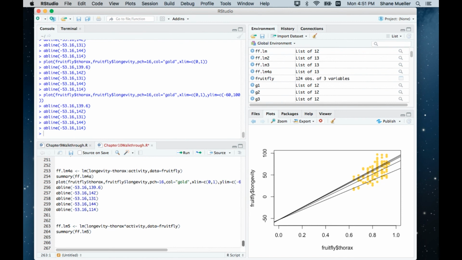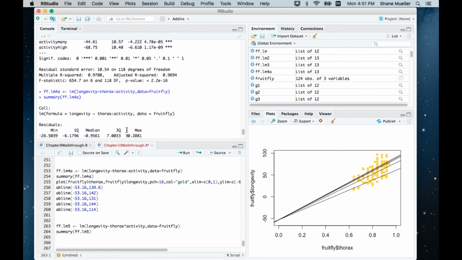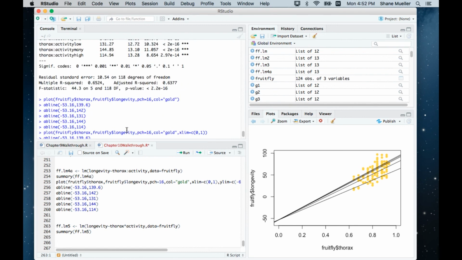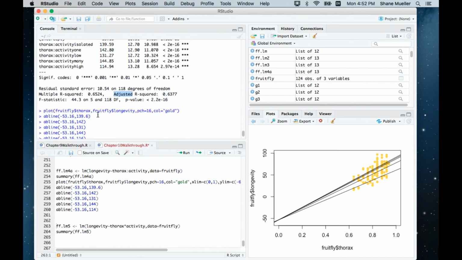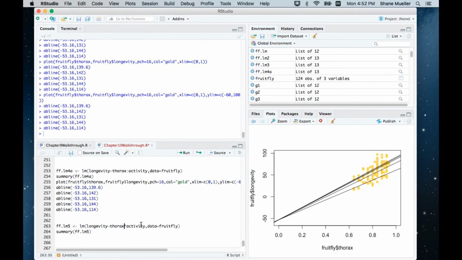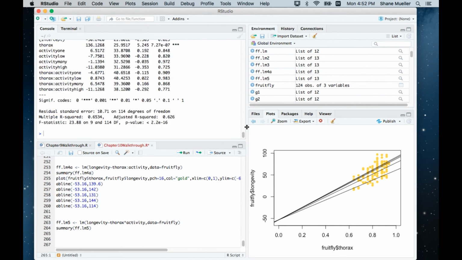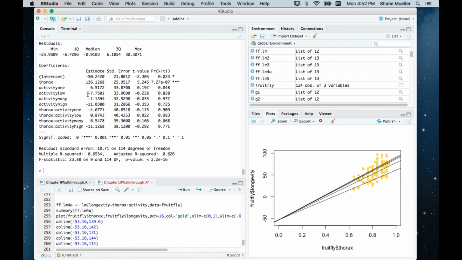It's a little further than we can go in this, but you can build that model by using a different type of interaction. So the colon interaction will just do the main interaction, so it does one intercept plus essentially a different slope for every value. If I do the times interaction like this, you can see that now this does an intercept plus a slope for thorax, so a main slope, plus a difference in the intercept for each group.